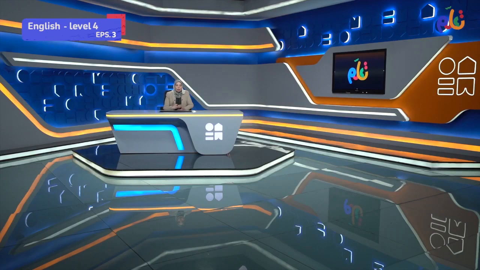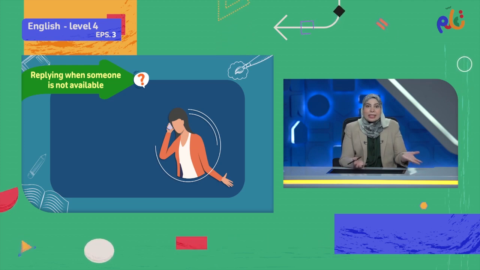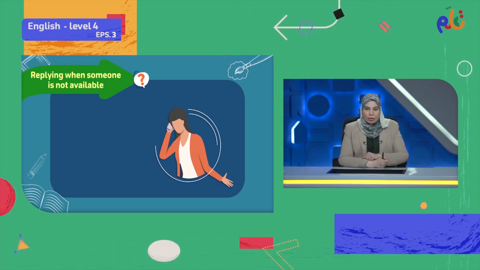And we have replying when someone is not available. So maybe you're calling your friend or someone, and this person is not there at the moment. So what can you say if someone is calling your brother and your brother is not at home? Your father is not at home. What can you say?